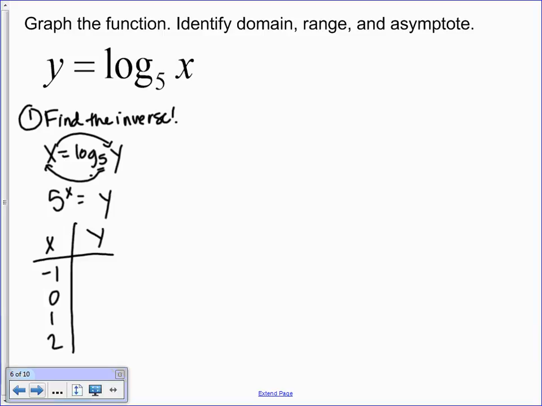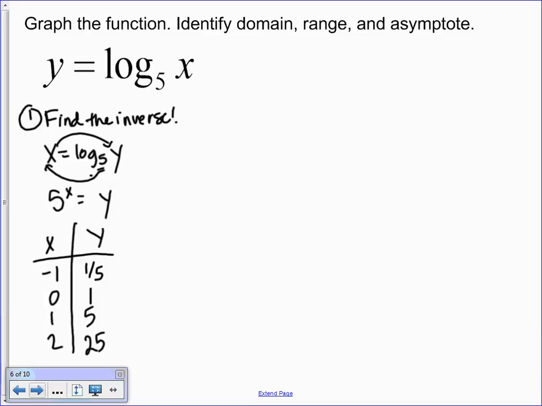If we do 5 to the negative 1, it flips to become 1/5. Remember, negative exponents don't make anything negative, they flip them. 5 to the 0 is 1. 5 to the first is 5, and 5 squared is 25. Now, if we were to graph these points, we would be graphing y equals 5 to the x, which is not our goal.